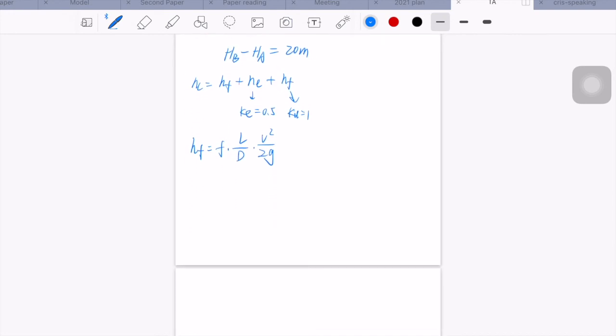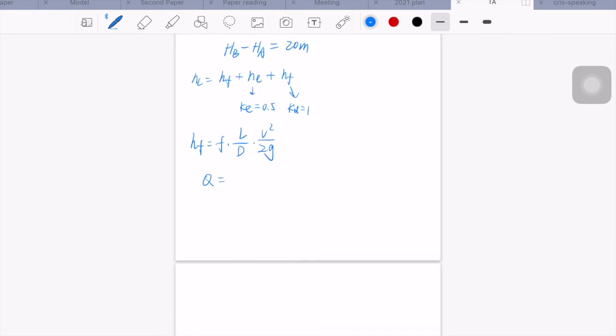And we know Q equals 2.05 cubic meter per second and D equals 0.8 meter. So we can get that velocity equals Q divided by pi times D squared over 4. So the value is 4.08 meter per second.